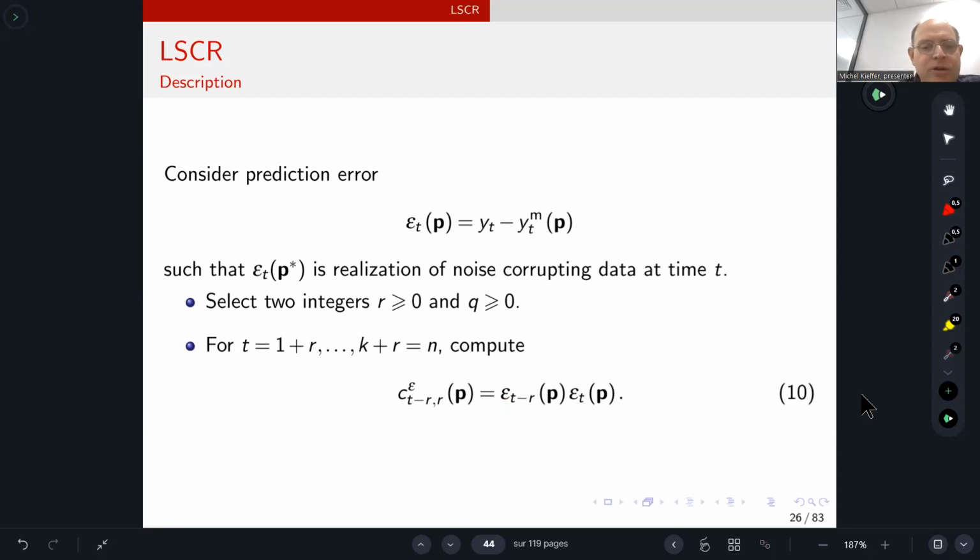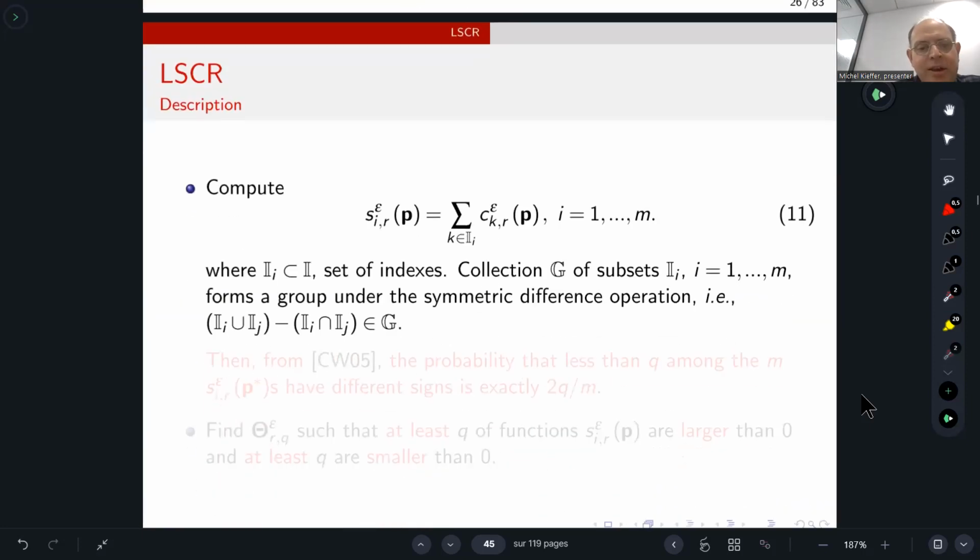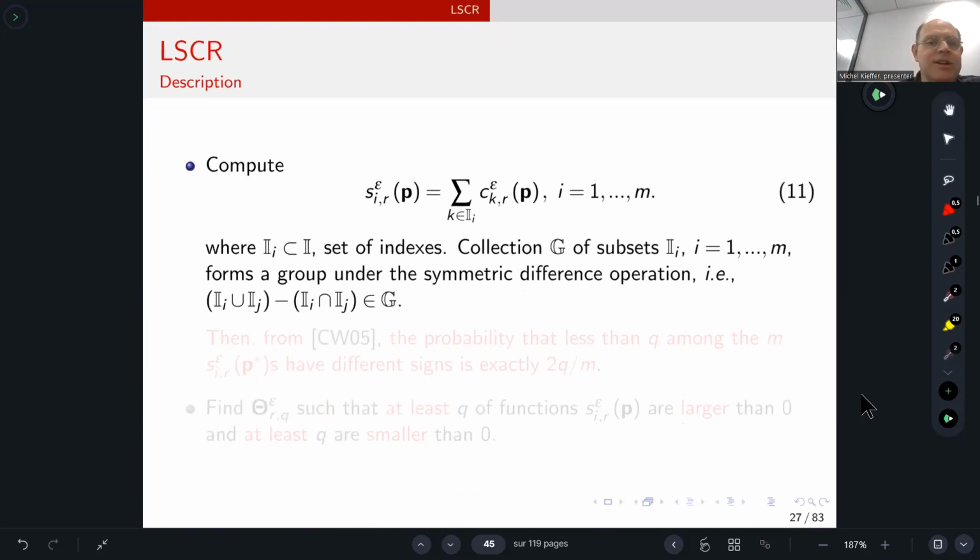Here, in order to obtain independent estimates of the correlation, we won't make the sum over all t's, but we'll consider a partial sum. We'll compute these terms, S_I. These are partial sums of these coefficients over sets of indexes, and the set of indexes has to have a very specific property.